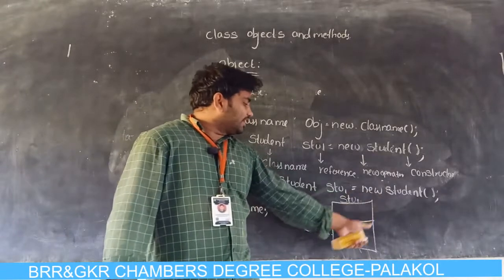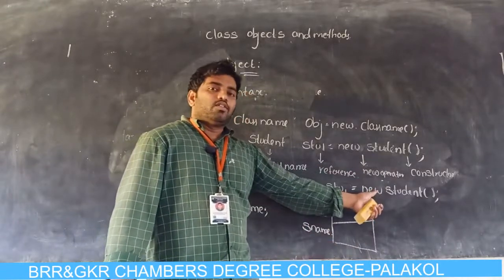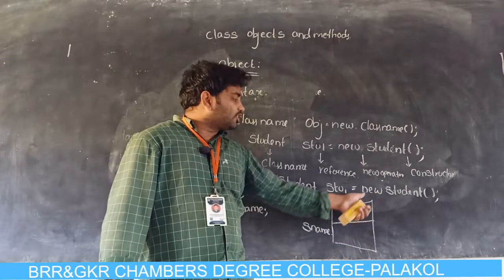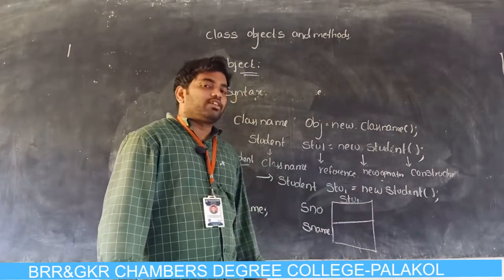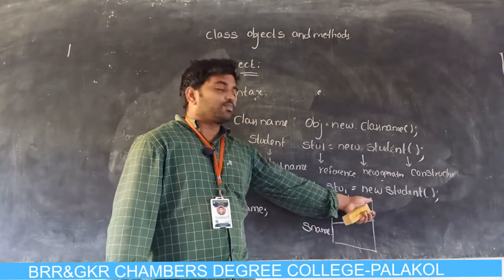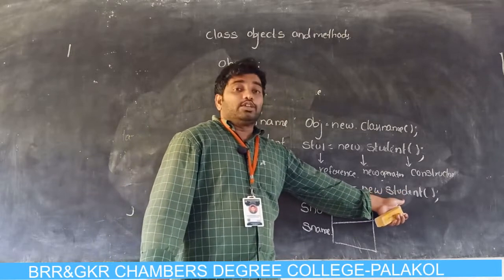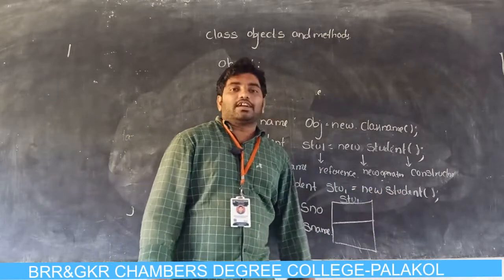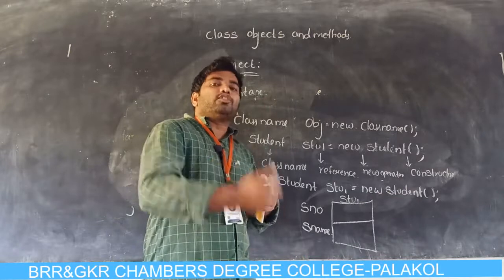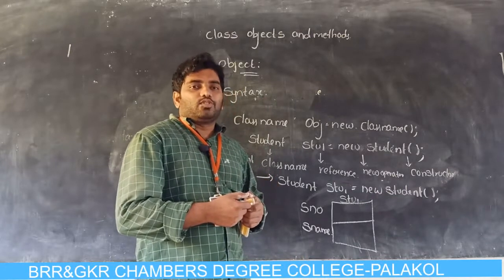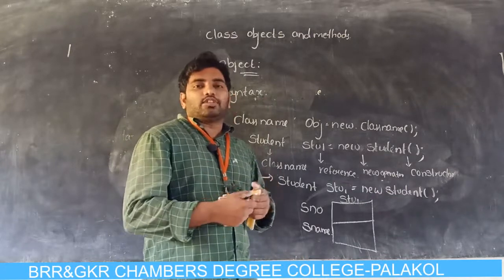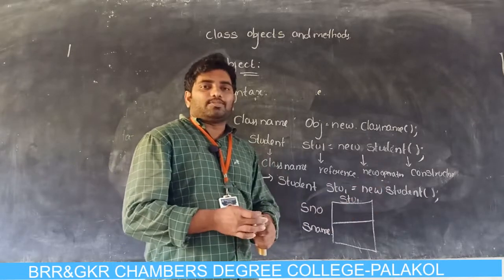The new keyword creates the total memory allocation for all the values, using dynamic memory allocation. Next, Student is the constructor. The constructor initializes values using the object. The address is created using the object, and that is nothing but the constructor.